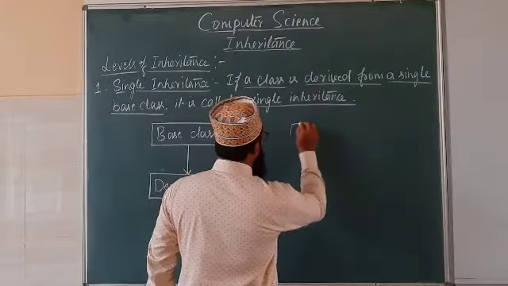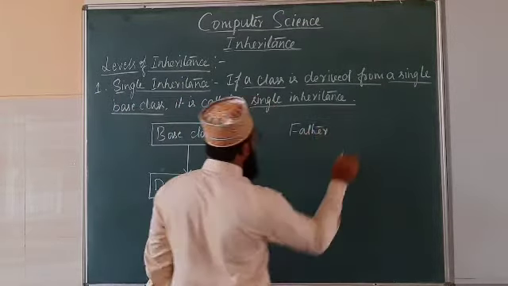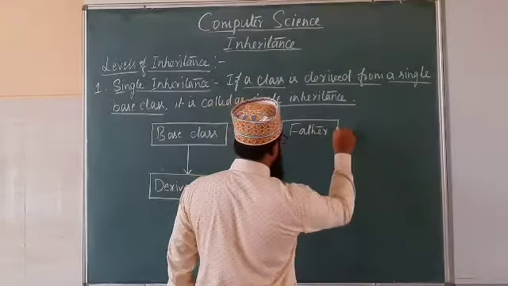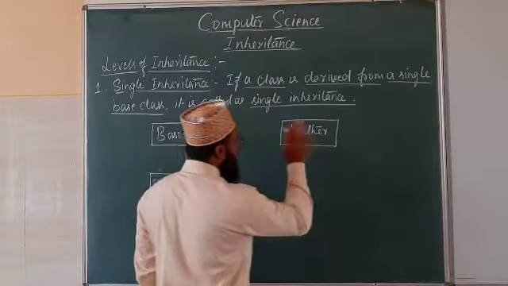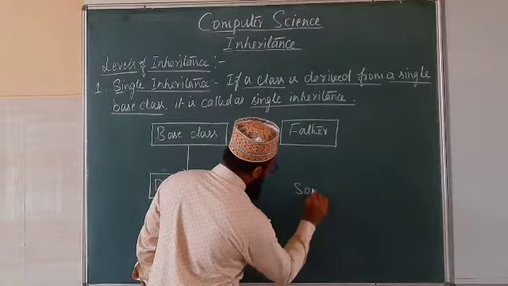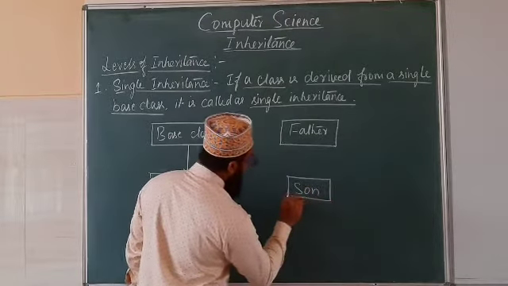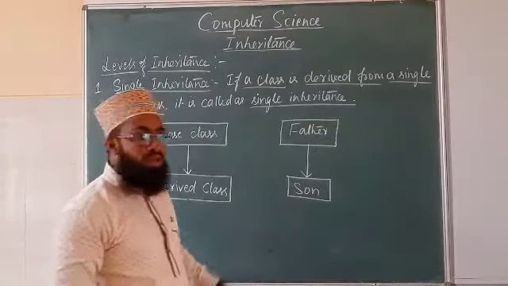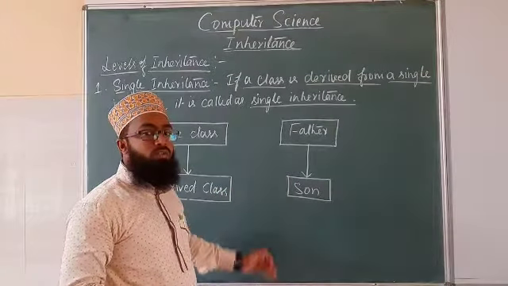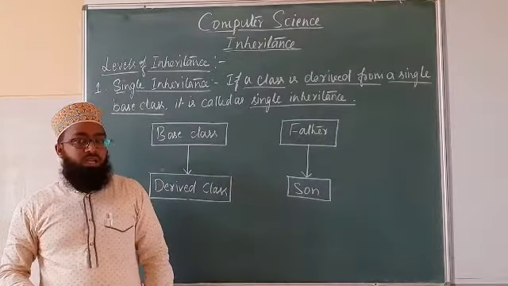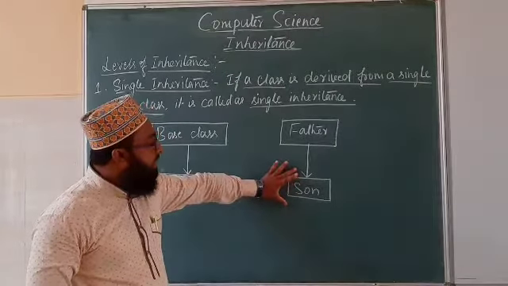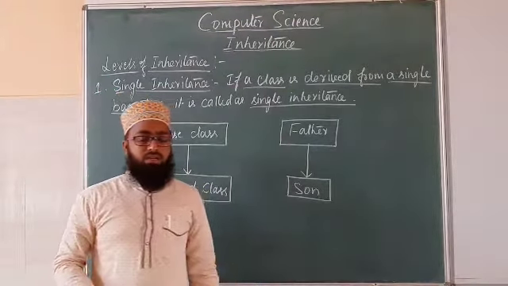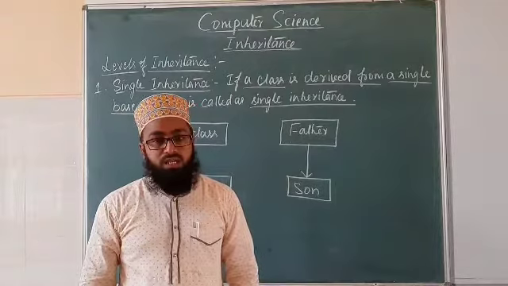We can give one more example. Take father as a base class, and this father has a son, so take son as a derived class. Just like a class is derived from a single base class, this type of inheritance is called single inheritance.